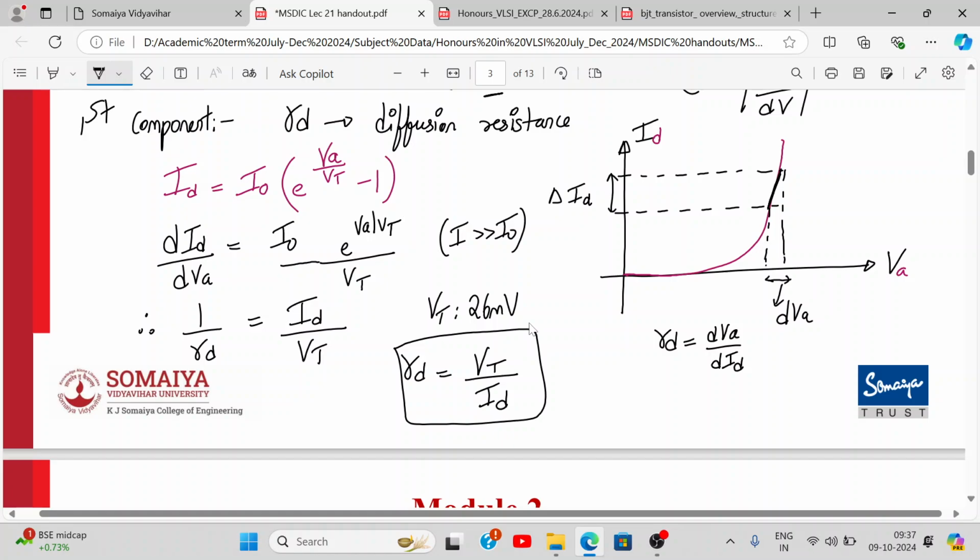So the more current you have, the resistance will be less. Inversely proportional, no? And this is valid for forward bias. So this is called small signal forward resistance, or forward bias resistance, or diffusion resistance.